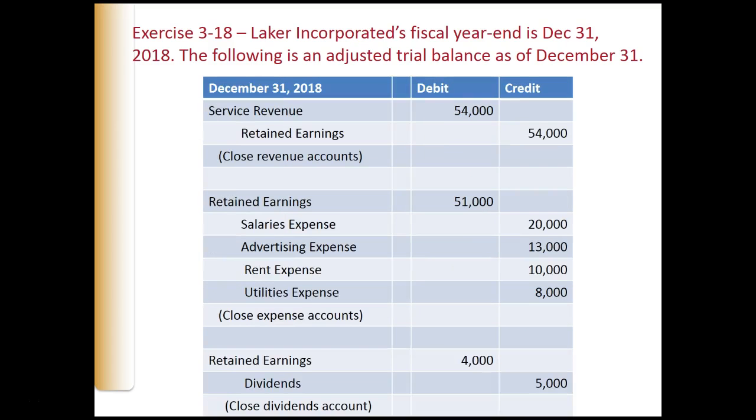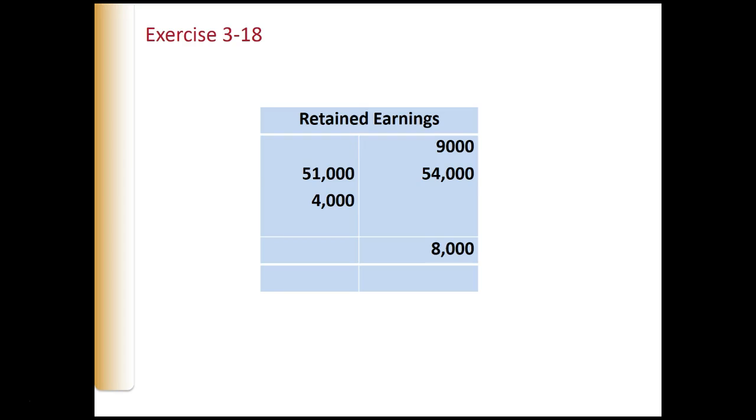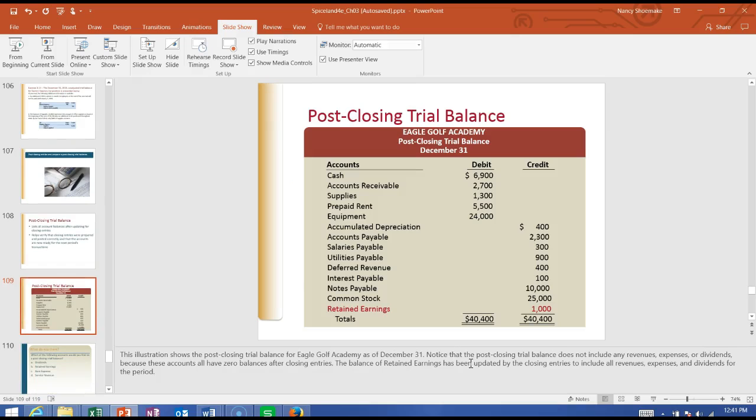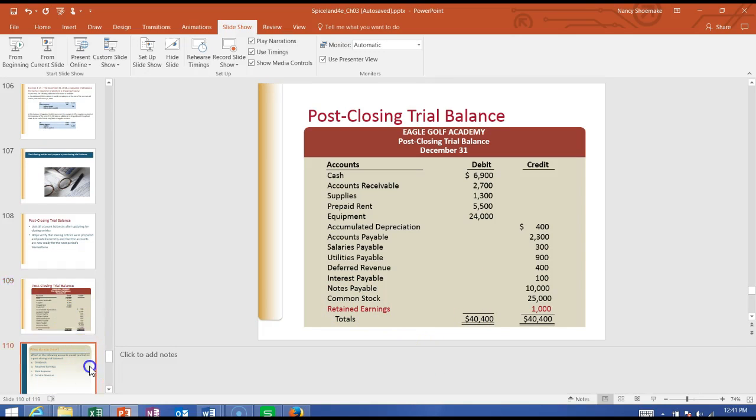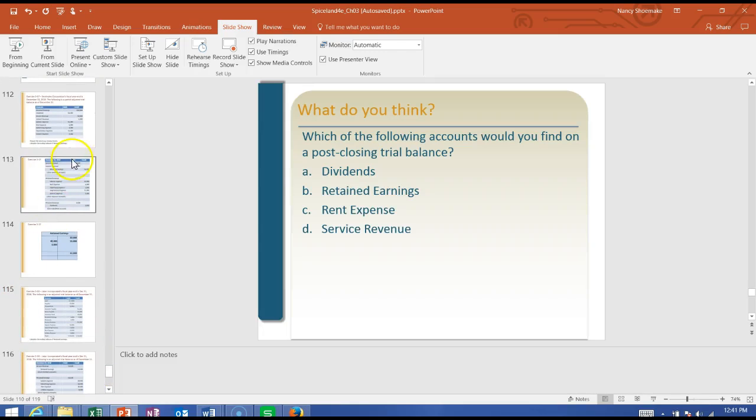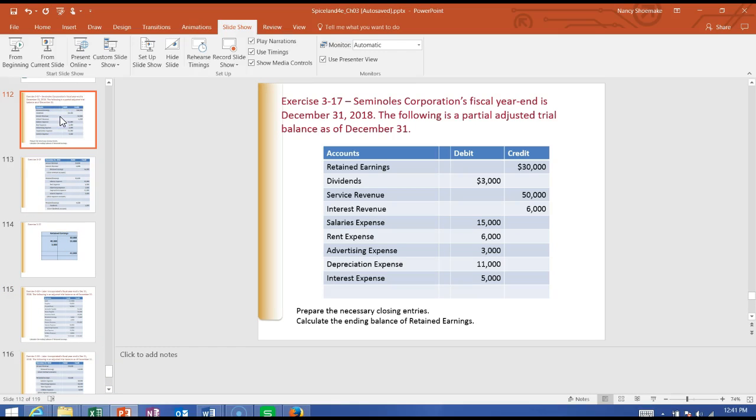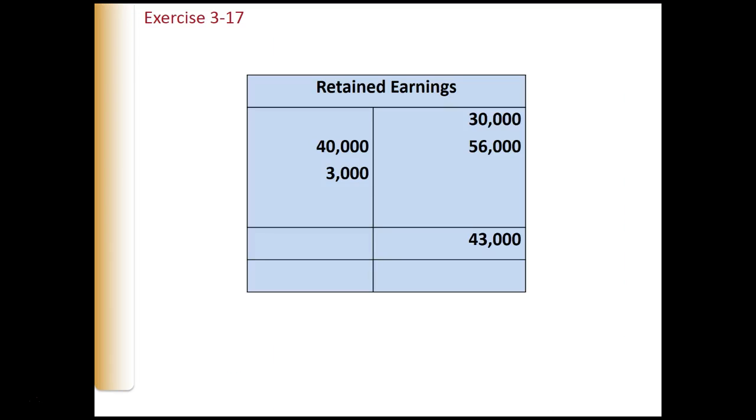So if we go back to the initial slide, we see that our retained earnings was at $30,000. So we start with $30,000.